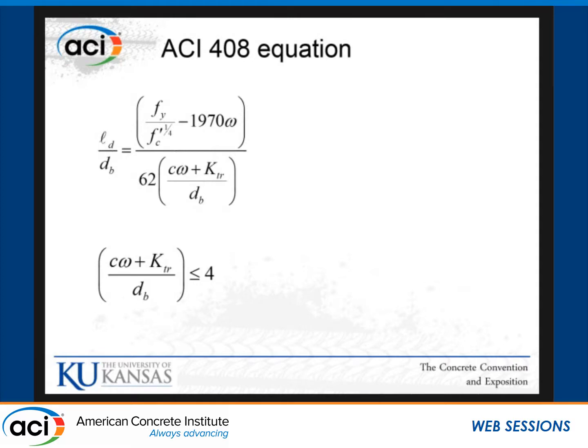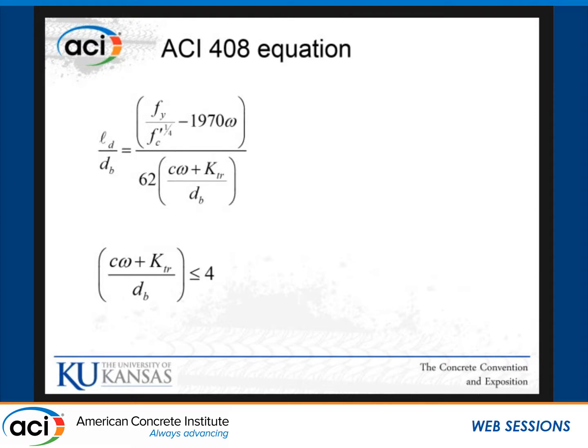So this slide shows the 408 equation. We see that the development length is a function of bar yield stress, concrete compressive strength to the one-fourth power, and a confinement term. That confinement term has a limit of 4. What we really want to note about this equation is that f'c to the one-fourth power is in contrast with what we have in ACI 318, which is a square root.